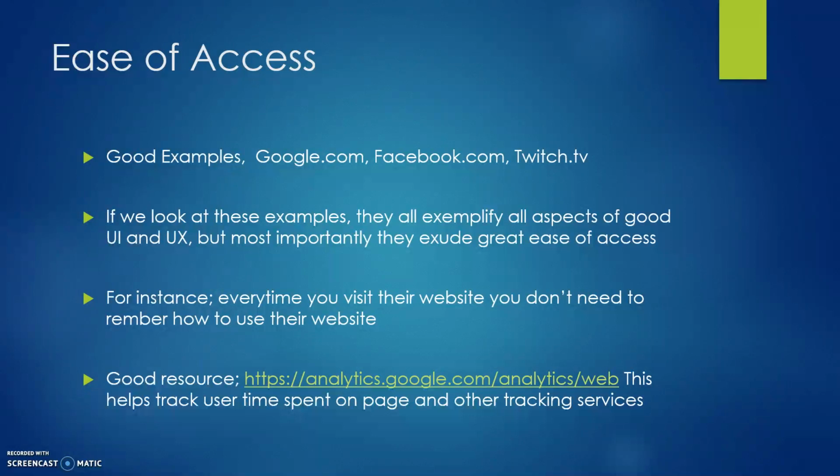A key factor in usability is ease of access. Good examples of that are Google, Facebook, and Twitch. You're easily able to access all the features of the website through recalling navigation and traversing the website very easily, and you spend less time on the website finding where you're at and more time utilizing the website, and that's what you want.